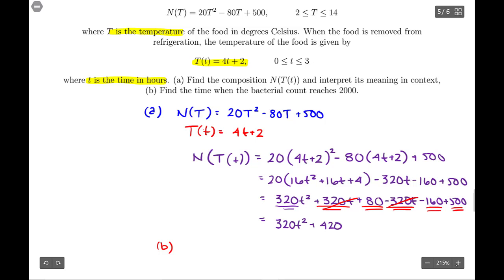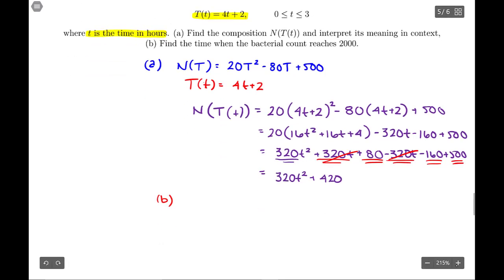Part B says find the time when the bacterial count reaches 2,000. So our bacteria count is 2,000. And if we want to know what time that bacteria count reaches that value, we have this function now, 2,000 equals 320t squared plus 420.